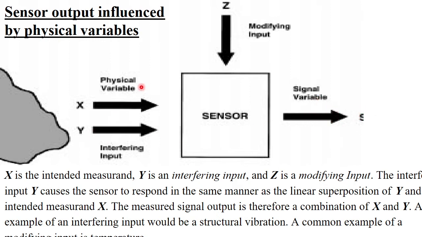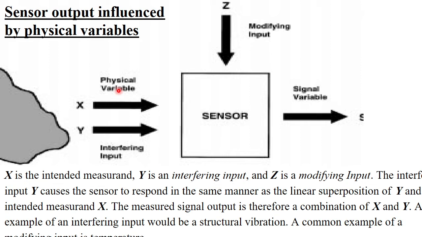But while measuring the physical variable, it can take up some interfering input, which is unintentional, but it is coming along with this physical variable. The sensor cannot make out how to eliminate this interfering input from the physical variable.